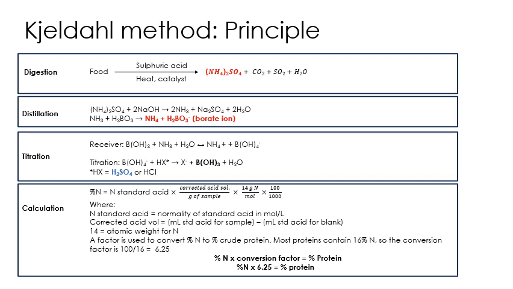Okay, now we're going to look at an overview of the principle behind the Kjeldahl method. As I mentioned, it can be divided into 5 different steps. The first step is the digestion, where the food is digested by the addition of sulfuric acid and catalyst. This leads to the formation of non-volatile ammonium sulfate.